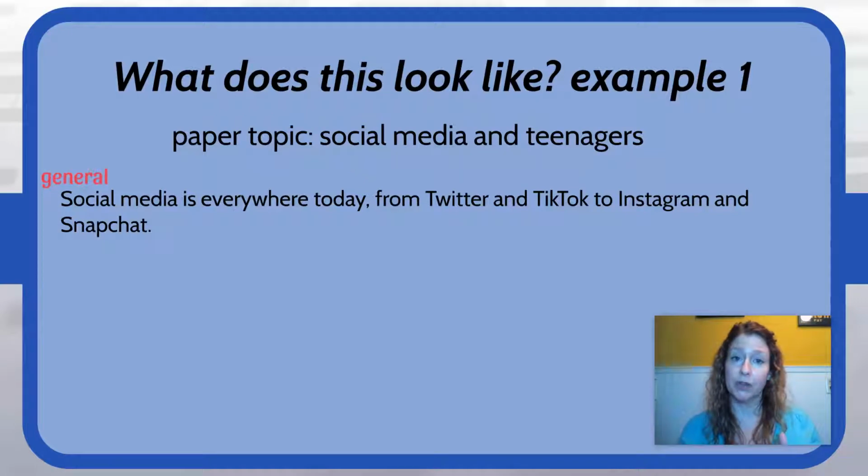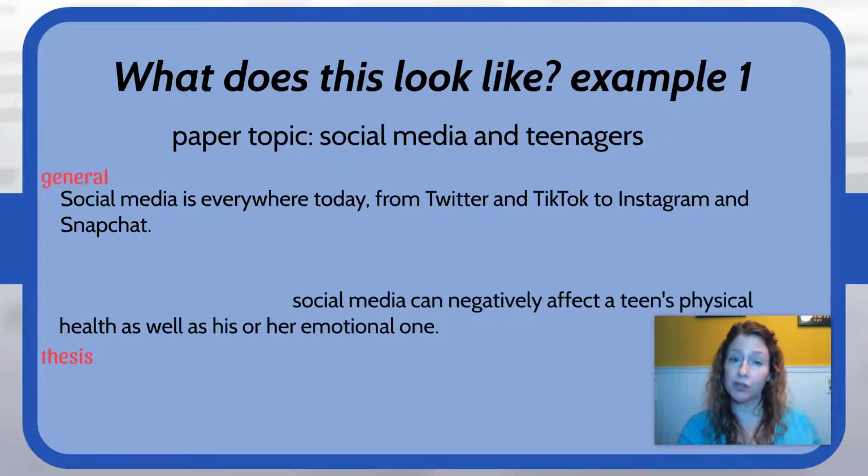Our focus, we decided, let's say, is how social media affects teenagers emotionally and physically. And we found in our research that it actually can harm them. So our thesis statement that we've constructed now that we've done all of our research is that social media can negatively affect a teen's physical health as well as his or her emotional one.